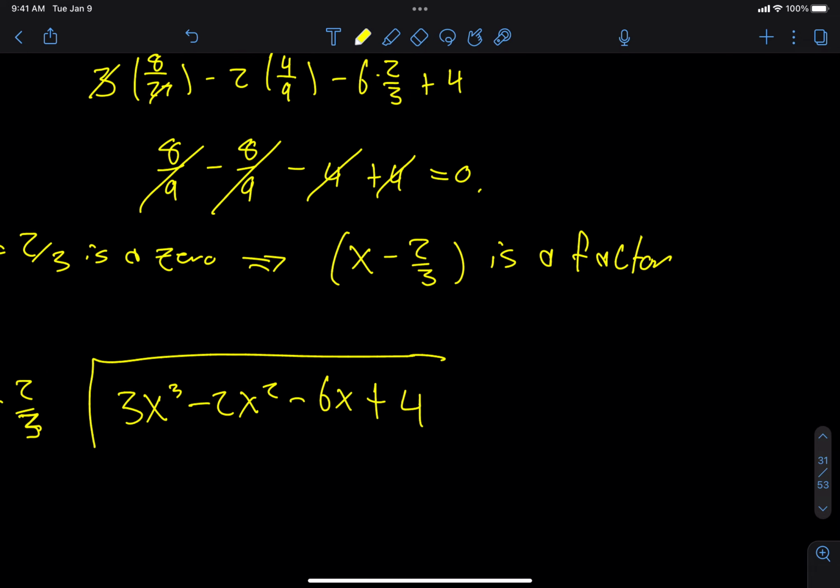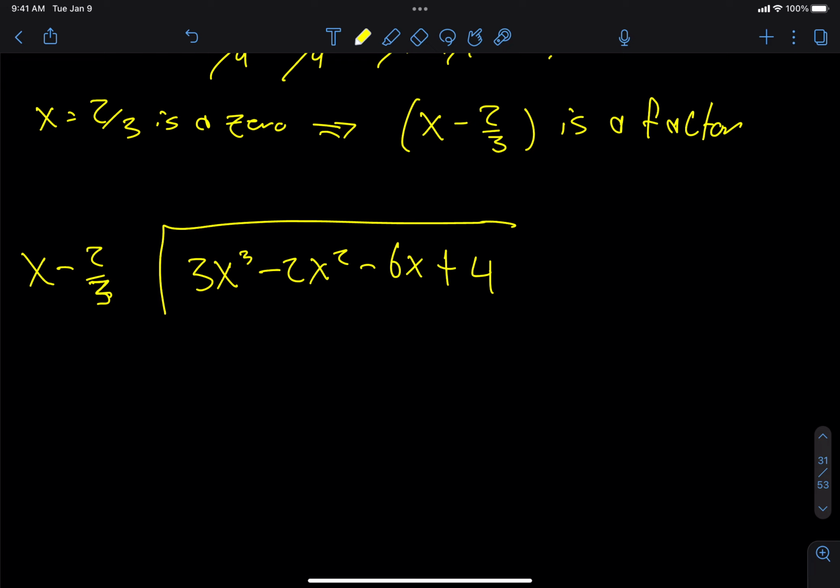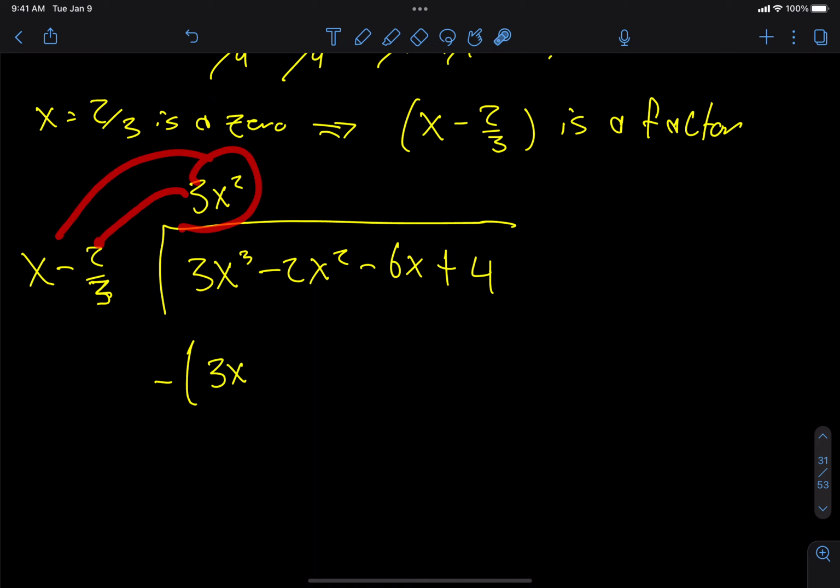So let's do it. How do I do this long division? What should go here? 3x squared. Good. Minus what I get when I multiply 3x squared times this and times this. That's what goes in here.